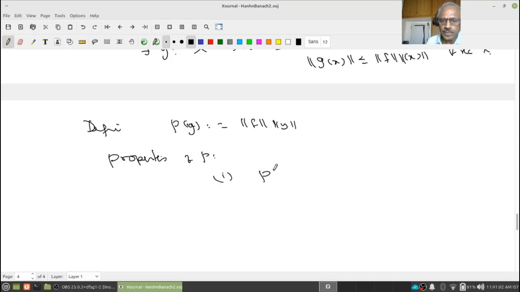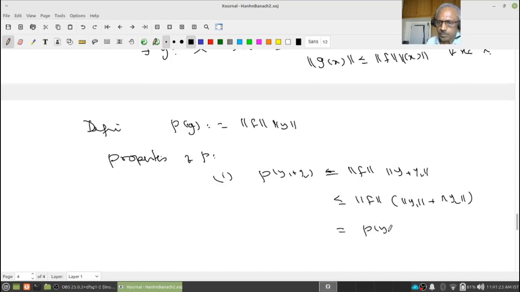One, P of y1 plus y2 is norm of F into norm of y1 plus y2, which is less than or equal to norm of F into norm of y1 plus norm of y2, that is equal to P of y1 plus P of y2.